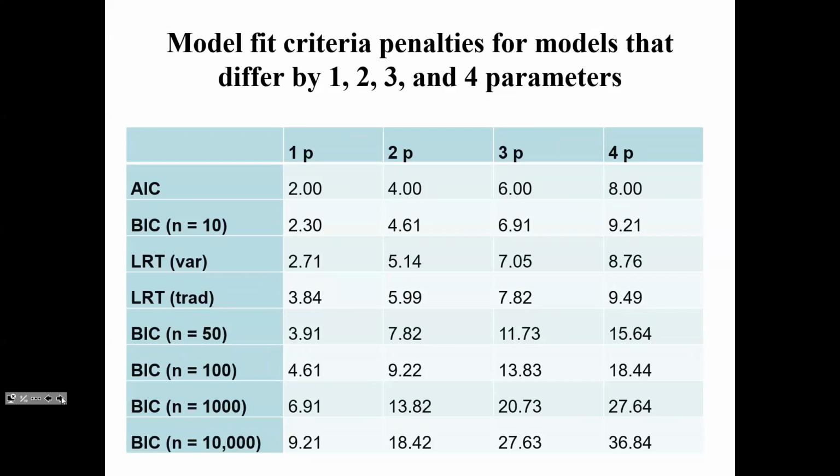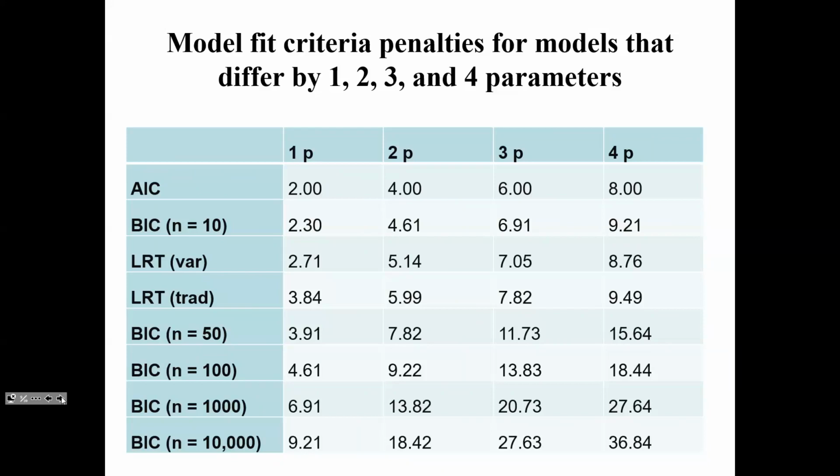Okay, the likelihood ratio test for variances, you can see, the 1 parameter test would be like 2.71, 2 parameters is like 5.14, and when you get up to 4 parameters, it's like 8.76. The traditional likelihood ratio test has 3.84, and when you get up to 4 parameters, it's 9.49.